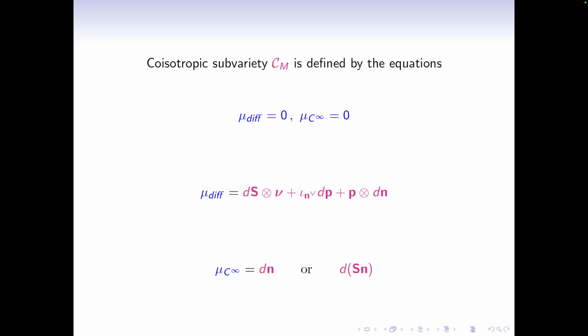If I have a 3 form, then I can associate a vector field by raising the indices with a totally antisymmetric index.